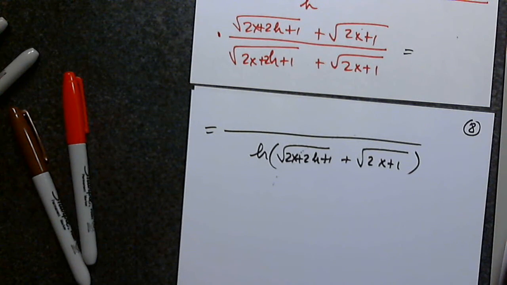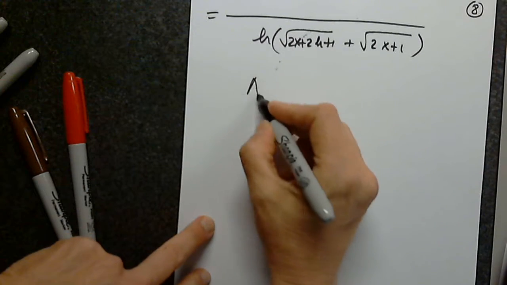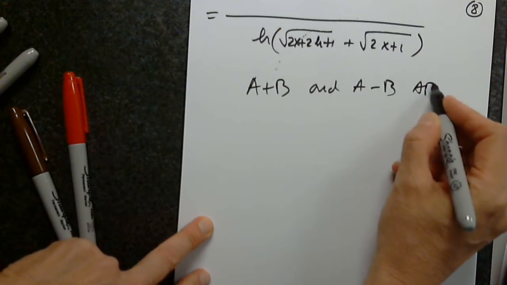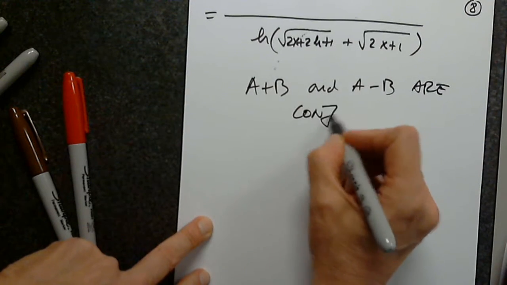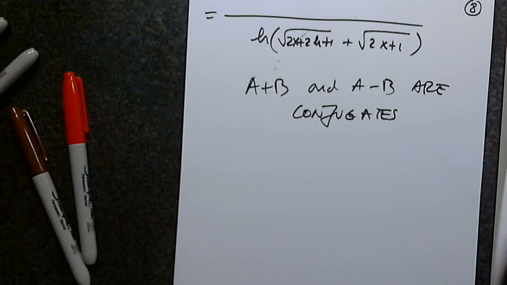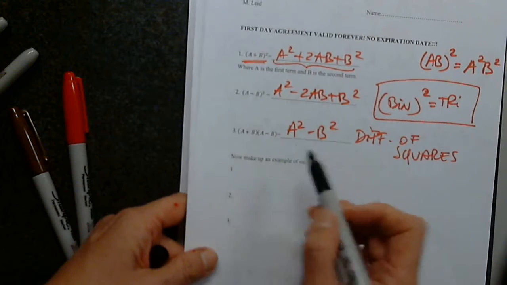It's the conjugate. Let me write this down for you. A plus b and a minus b are conjugates. So you thought, why did we need whatever we did at the beginning? Here's why. See it here?